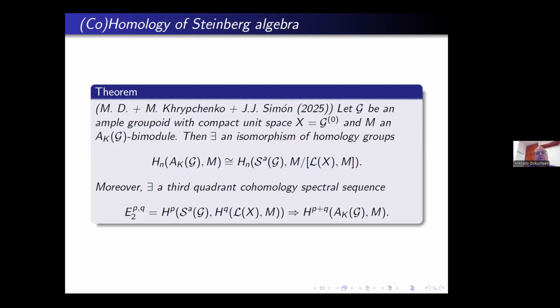So this is our result for the Steinberg algebra. What happens, although it is not written here, is that the spectral sequence collapses, because of those homology groups which appear inside the spectral sequence.